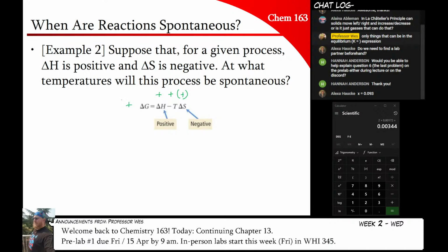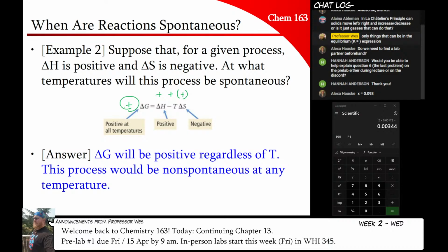The end result is that no matter what numbers I have in there for delta H and delta S, if they're both these signs, delta H is positive, delta S is negative, I will always get a positive number for delta G. And what that means is this reaction will never be spontaneous at any temperature. The reverse reaction would be spontaneous.